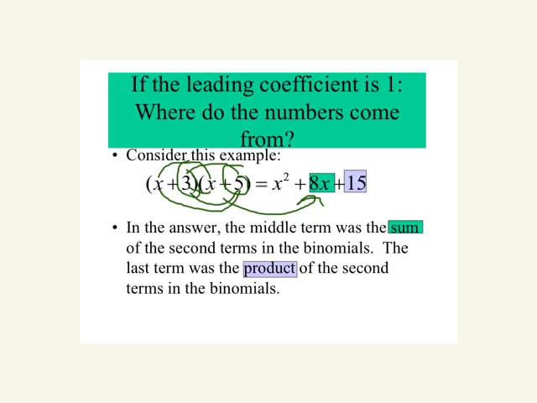If you multiply 3 and 5, guess what they equal? 15. So the middle number is what you get when you add the second terms in the binomials, and the number on the end is what you get when you multiply the last two numbers in the binomials. So you add to the middle, multiply to the last.